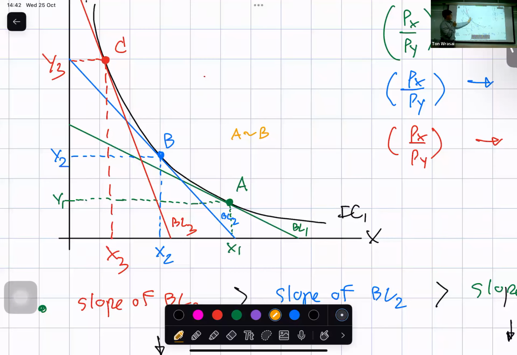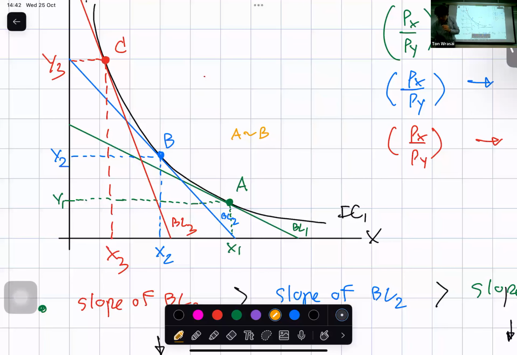Relative price change again. Pizza becomes more expensive again. Blue twists to red. Now B cannot be afforded. Now B is outside the red budget line already. But what he can do, again, is buy less of pizza and buy more of Pepsi. Doing this substitution helps him to maintain his utility on IC1.